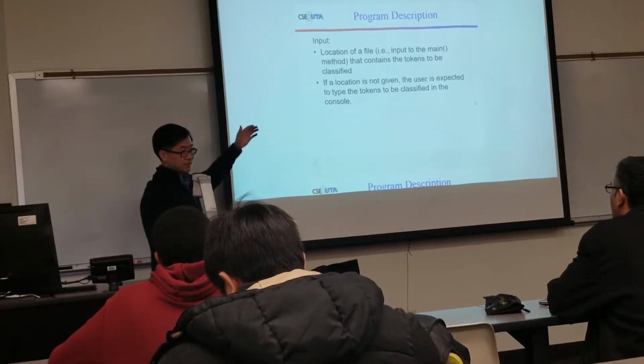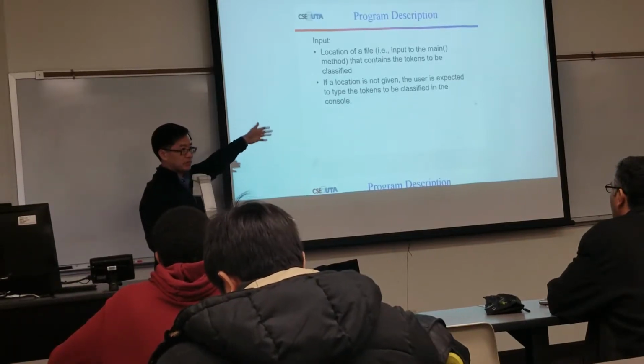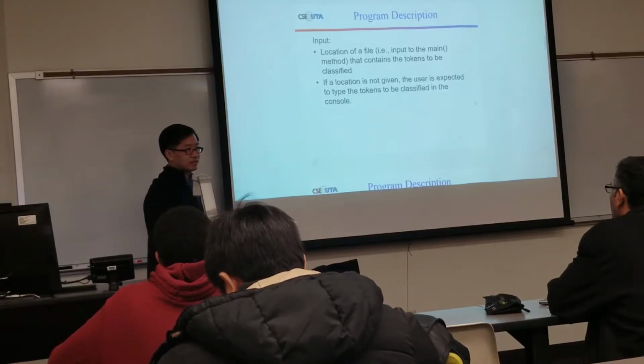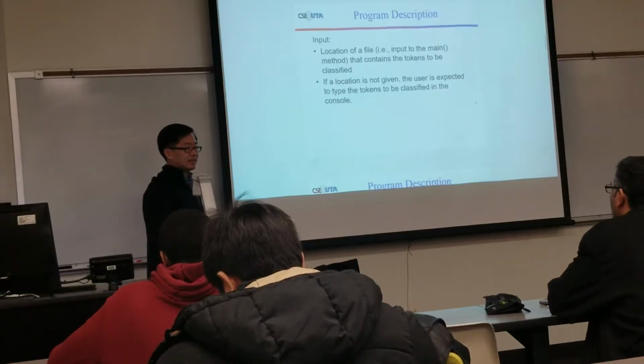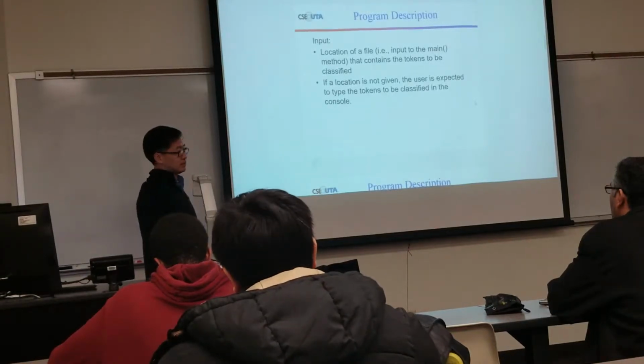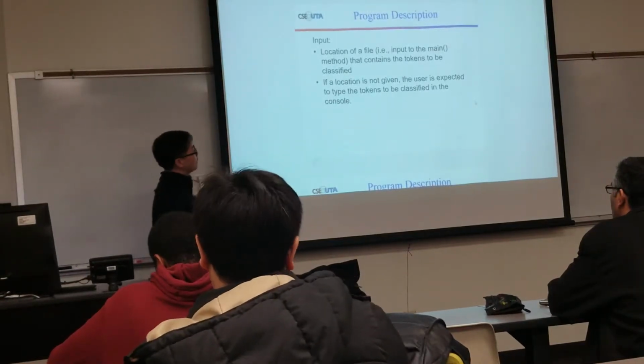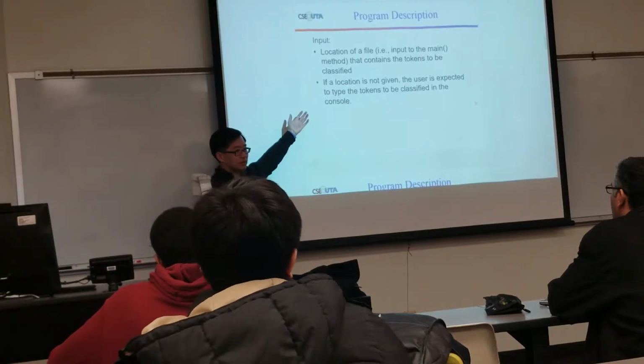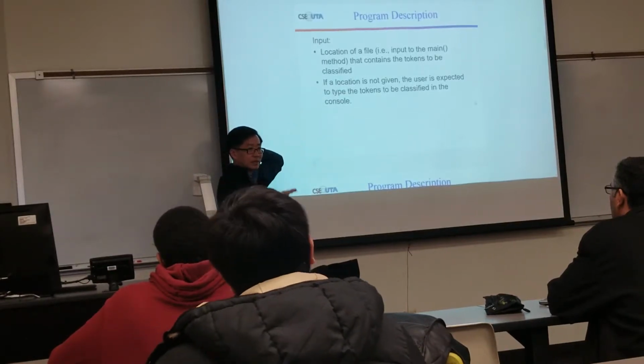As you can imagine, the file could be, for example, a Java file, just a text file with strings, which this program is going to process to recognize tokens in the file that you provide. You can recognize and classify the tokens.